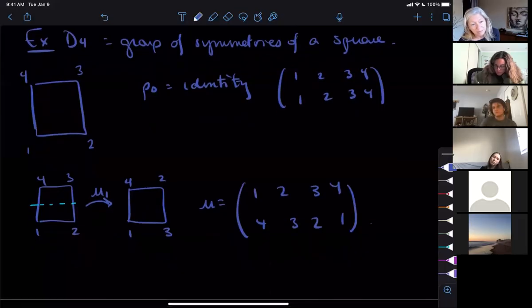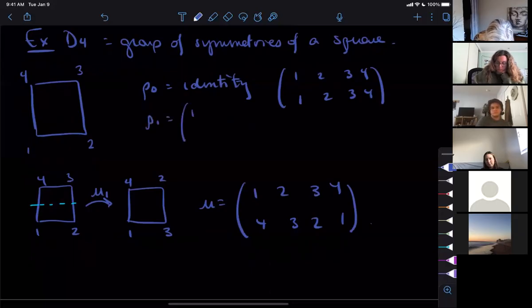What other ones do we have? You can rotate it 3 times. So I could have row 1 is 1, 2, 3, 4. 1 goes to 2, 2 goes to 3, 3 goes to 4, 4 goes to 1. I can do that again.